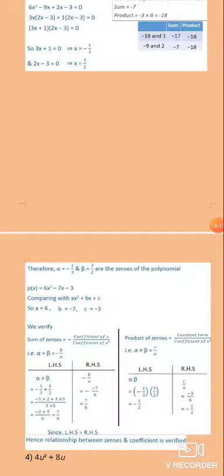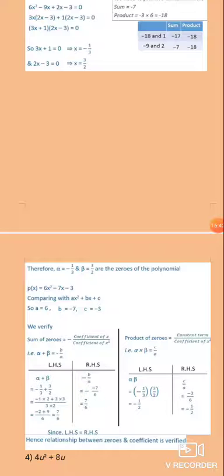So alpha into beta is equal to minus 1 by 3 into 3 by 2, which is equal to minus 1 by 2. So which is equal to what? Multiply both numerator and denominator by 3, so minus 3 by 6, which is minus 1 by 2, same value.